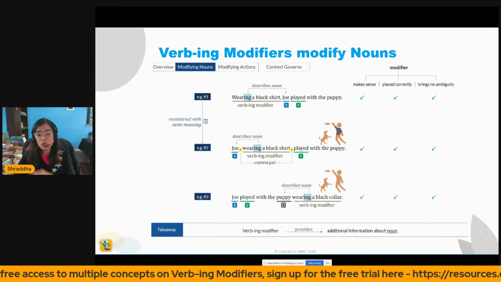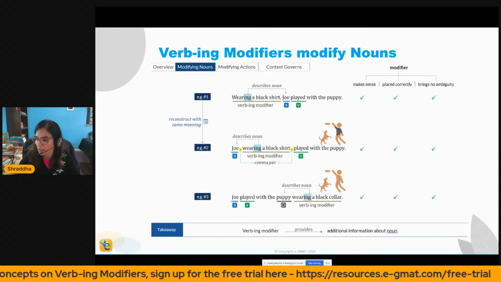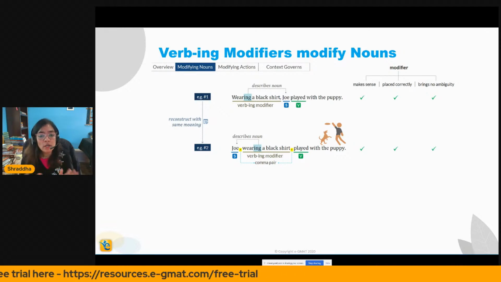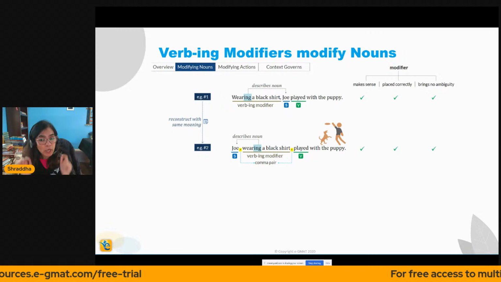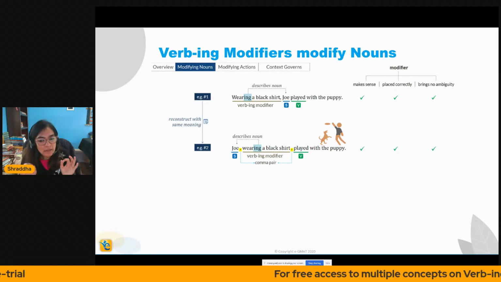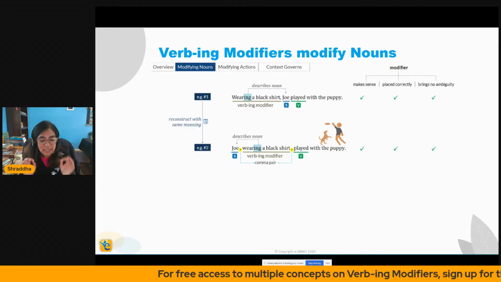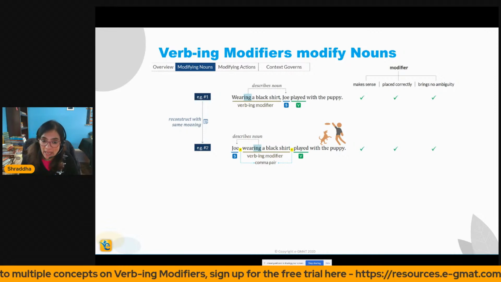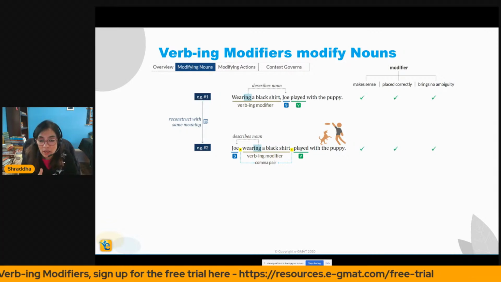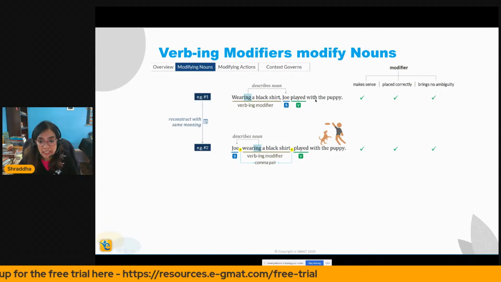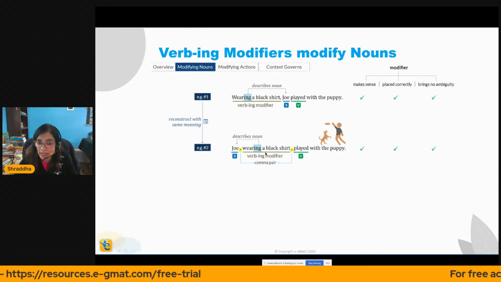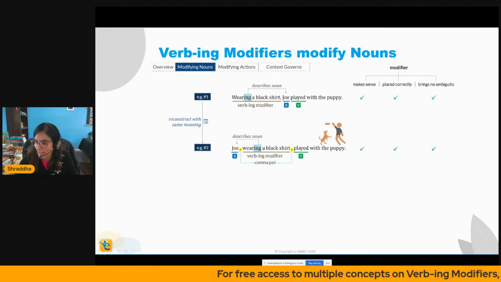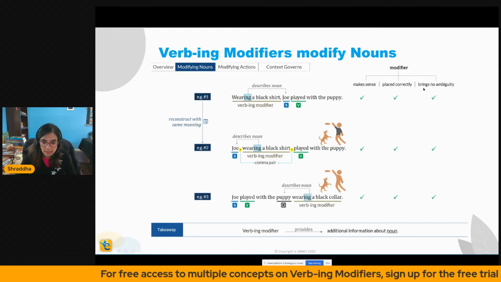So we can write those two commas as you see in example 2, or we can remove the two commas. But the point to note here is that if we are using commas, then it has to be two commas. If we are not using commas, then none of the commas should be there in the sentence. If we read the sentence with the commas or without the commas, the meaning will still be very clear. It makes sense to say that Joe is wearing a black shirt, or Joe was wearing a black shirt when he played with the puppy. The placement is absolutely fine, and there is no ambiguity whatsoever in the sentence.